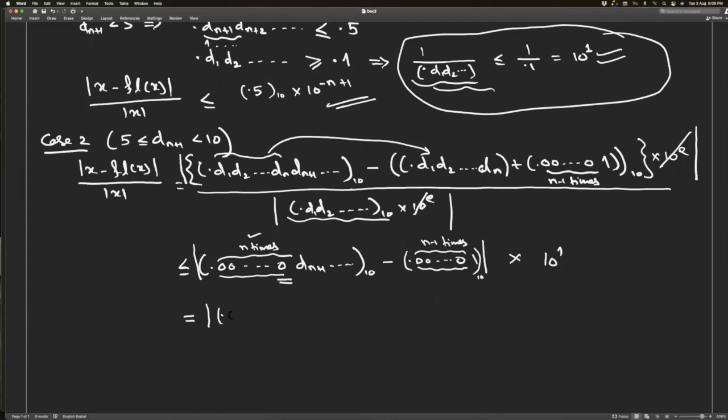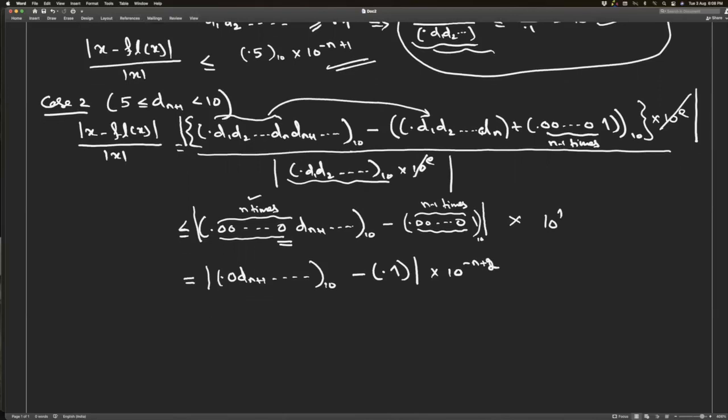So it will be 0 d(n+1), d(n+2) and so on. But here I will have just 1 into 10 to the power of how many zeros I cancelled here? I have cancelled the n minus 1 number of zeros. Therefore, I will have minus n plus 1. Already 1 is there. Therefore, it is 2.